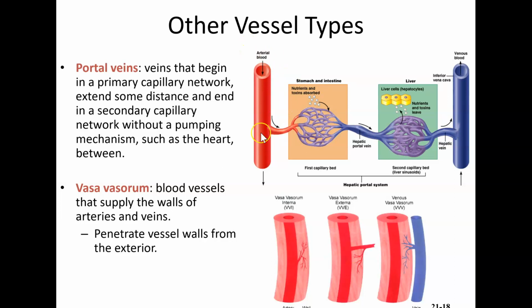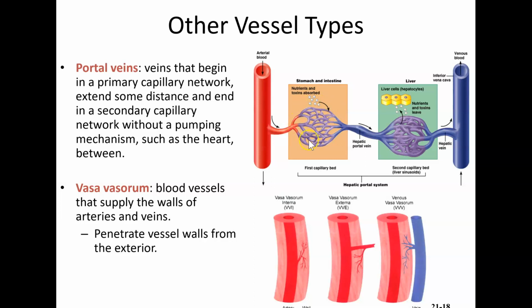We are first taking the arterial blood that has the great oxygen within it and giving that supply to our stomach and our intestines. And we know that within the stomach and intestines, we have food and drinks that we have in there.